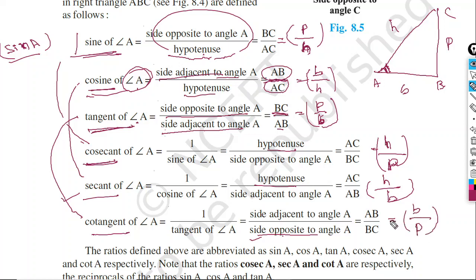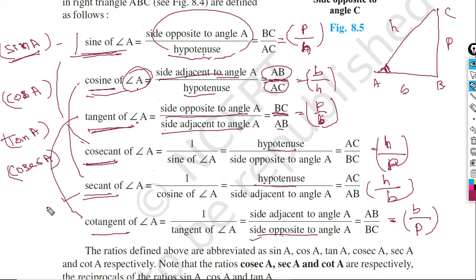Now, here we have told sine of angle A can be written as sin A, cosine of angle A can be written as cos A. Okay, this is the short form. Tangent of angle A, we can write tan A. Cosecant of angle A, we can write cosec, C-O-S-E-C, cosec A. So these are the short forms that I am writing.